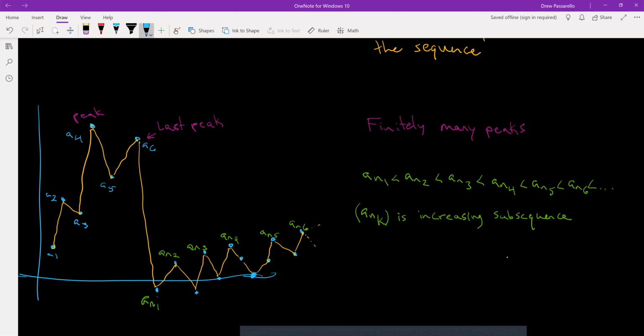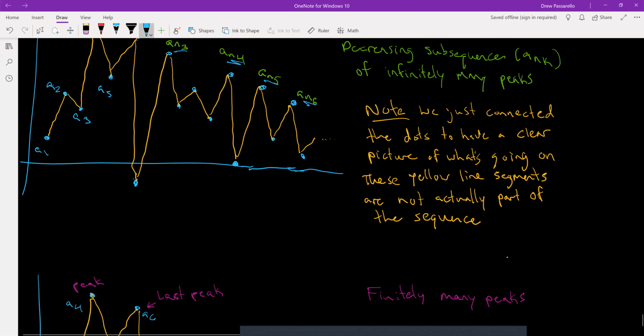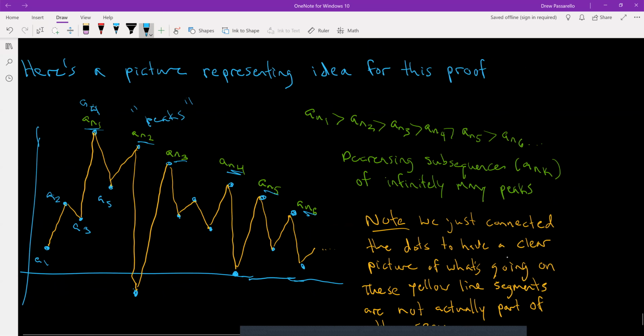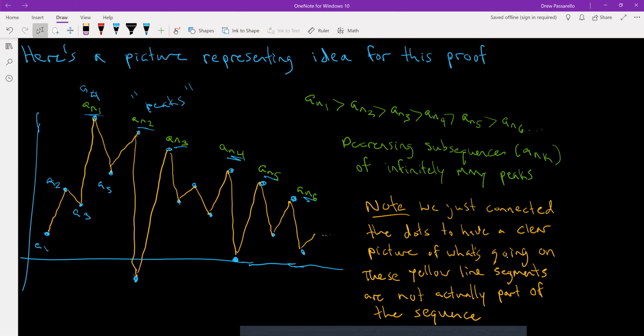And once you hit the last peak, we can form a subsequence after this last peak, where the subsequence a_nk is an increasing subsequence. For the other picture, we have infinitely many peaks. And for infinitely many peaks, we have a subsequence a_n1, a_n2, and so forth that is monotone decreasing.